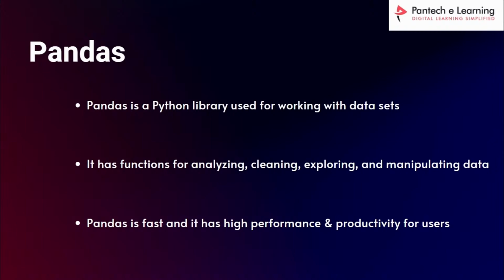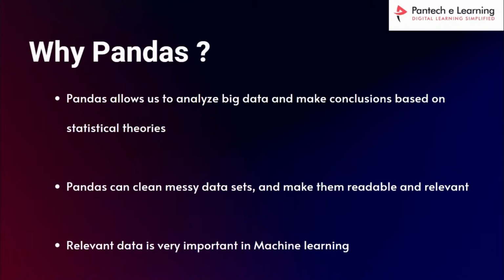You want to perform that task, and only then can you give it to your algorithm for prediction. Pandas has all the functions for you to analyze it, a few functions for cleaning and exploring it, and you can manipulate some of the data also. Pandas is fast and has high performance and productivity for the users. Once again, Pandas allows us to analyze big data and make conclusions based on statistical theories.